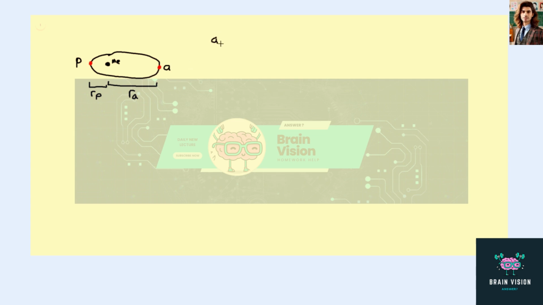So part A, we want the period, and we know from Kepler's laws that the period should be 2π times the semi-major axis of the orbit to the 3/2 over the square root of G times the mass of the object being orbited, so the mass of the Earth in this case.